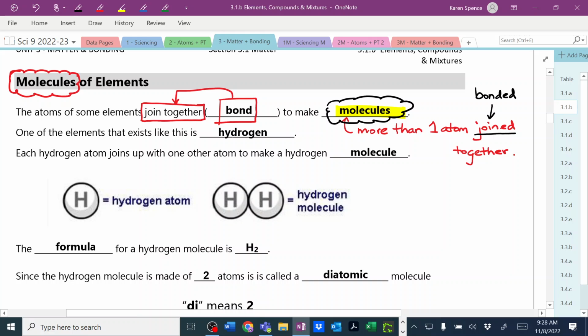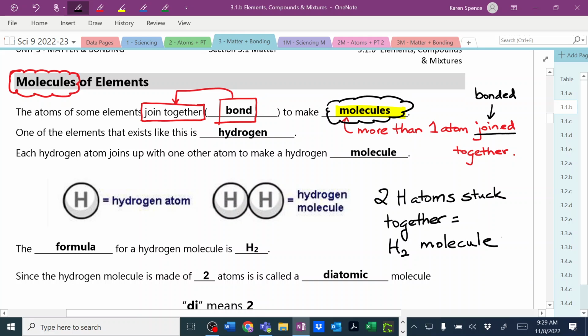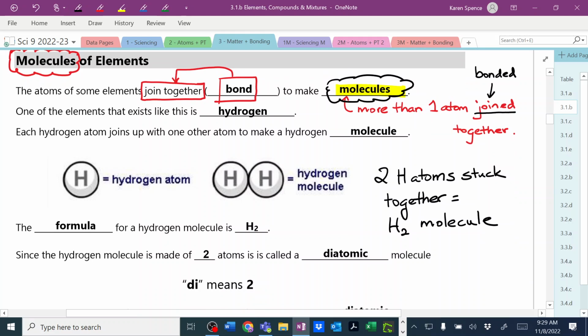It looks like this, with the two hydrogen atoms stuck together.